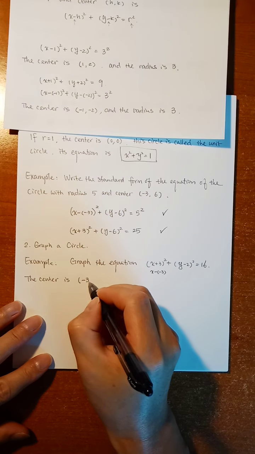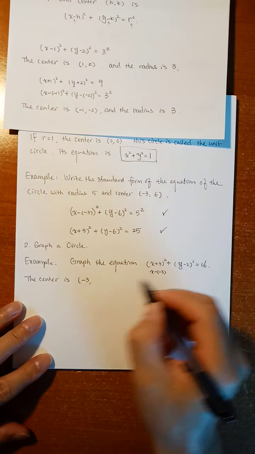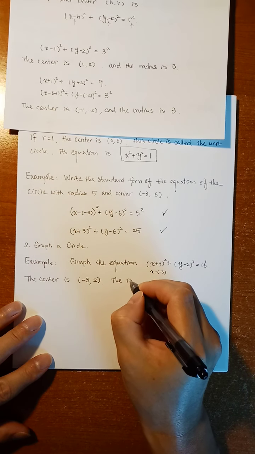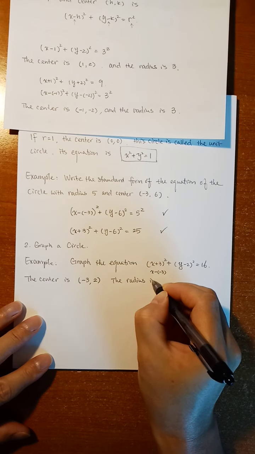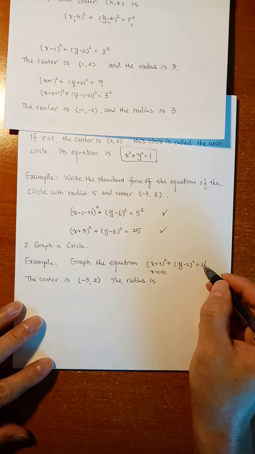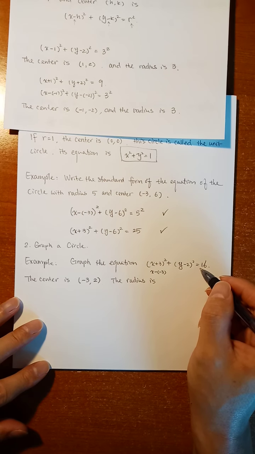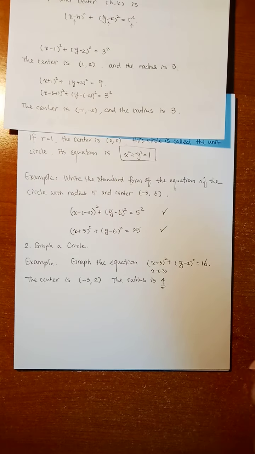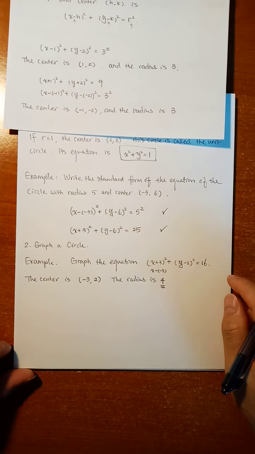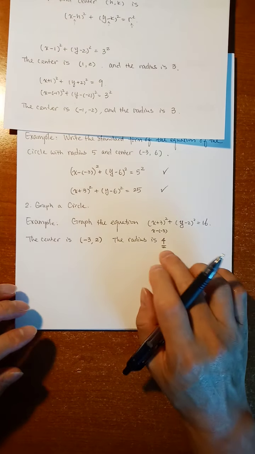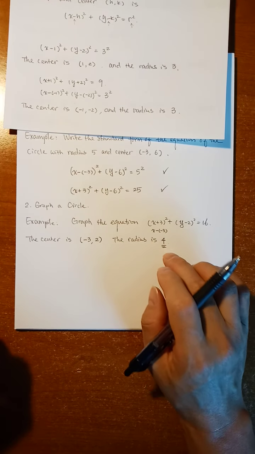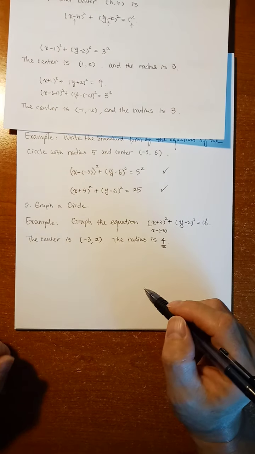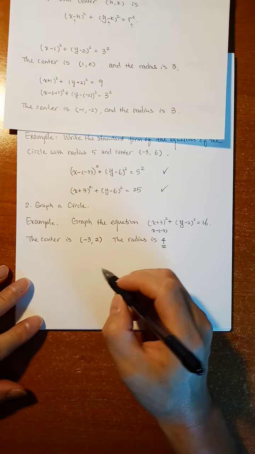So the center has x coordinate negative 3, y minus 2, y coordinate 2. The radius: 16 is 4 squared, so the radius is 4. Be careful, the radius is not 16. It's 4 squared. Now let's see how we sketch it.